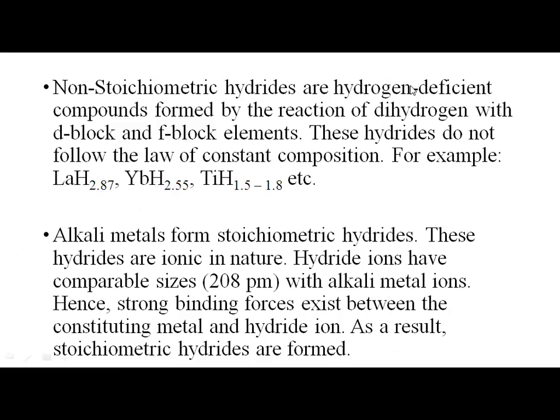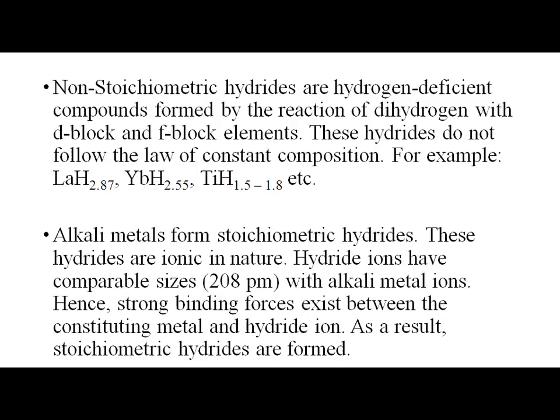Non-stoichiometric hydrides are hydrogen deficient compounds formed by the reaction of dihydrogen with d block and f block elements. So non-stoichiometric means they are metallic hydrides. They are formed by the reaction of H2 with d block elements like scandium hydride, and f block elements like lanthanum hydride, actinium hydride, thorium hydride.